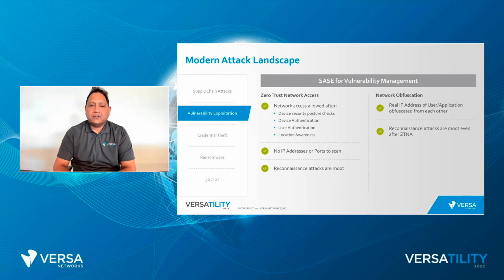We will cover some of the other tools in the tool chest that are part of the SASE portfolio, especially zero trust network access. The reason zero trust network access is very important is that the perimeter as we know it, the traditional security perimeter where we have a trusted network with a perimeter in front of it, where everything behind the perimeter is trusted and everything outside is untrusted, no longer exists.